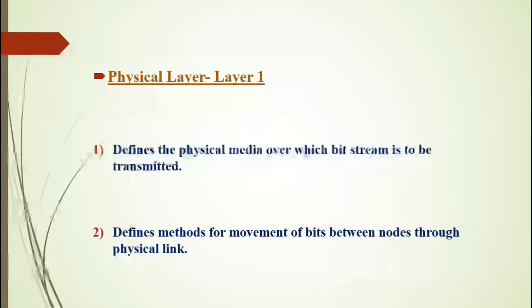It defines the way in which data flows between the two connected devices. The various transmission modes are half duplex mode and full duplex mode. Half duplex means one-way transmission. Full duplex mode means you can send data to and from one node or device. I hope the physical layer is clear to you all.